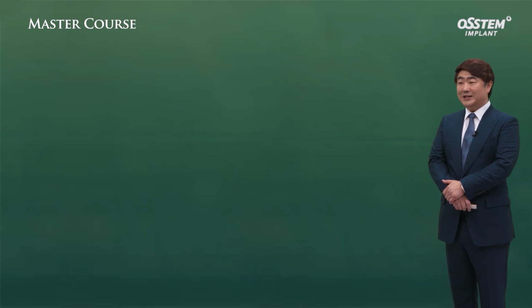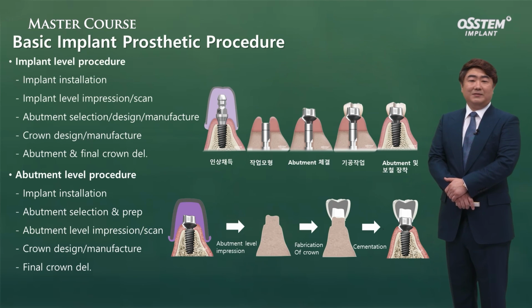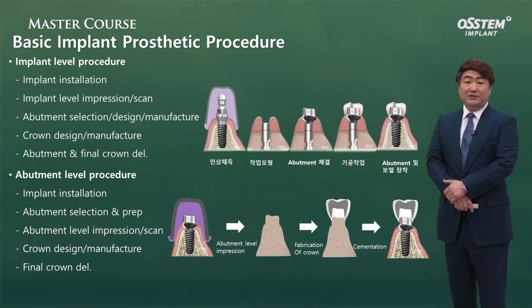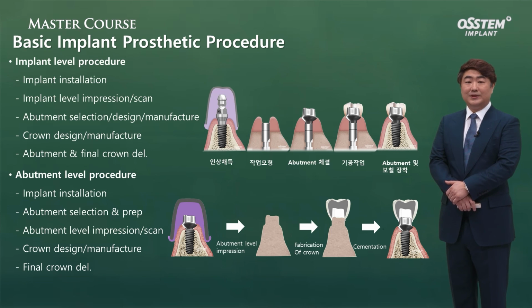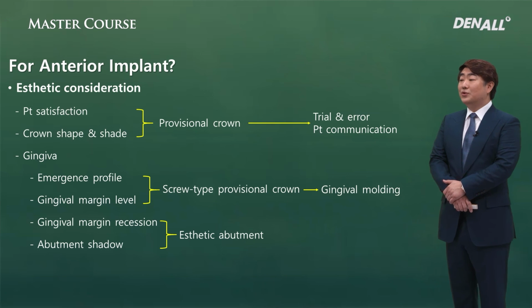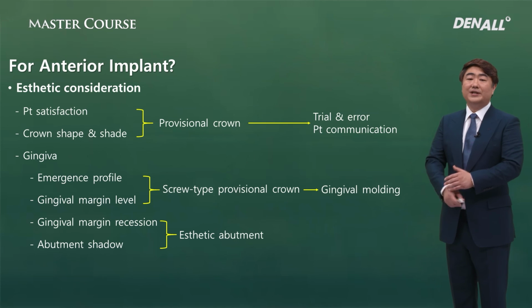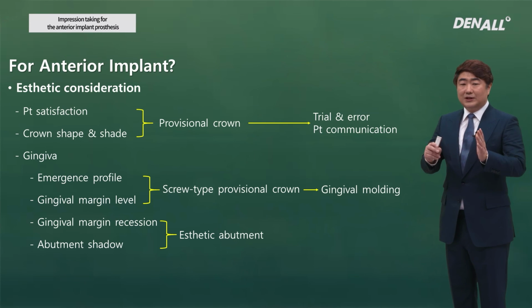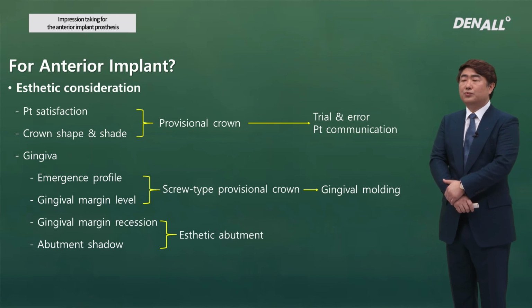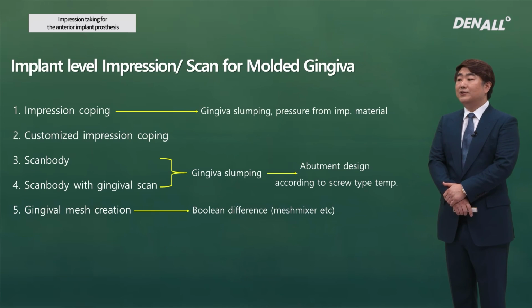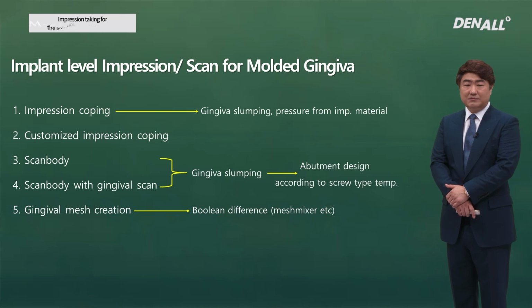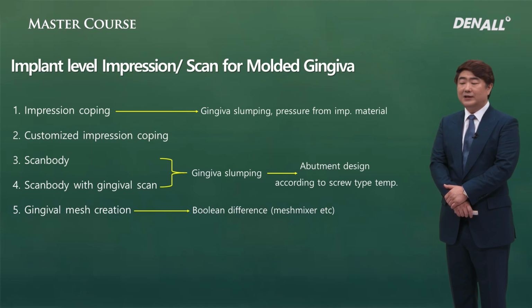Lastly, let me give you a summary. In the implant prosthetics procedure, basically, to take an impression, you have to do implant level and abutment level. And for aesthetics of the anterior side, a screw type temporary needs to be used for gingiva molding, and you have to reflect it in the final, then the molded gingiva's running room area to include that. This type of scanned way or impression taking way is possible.